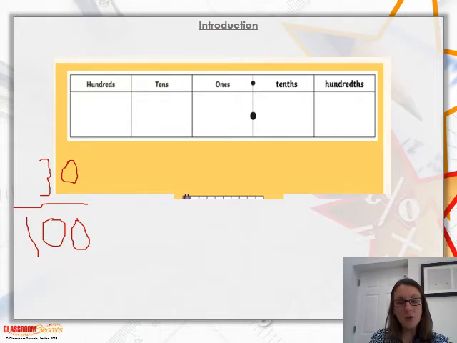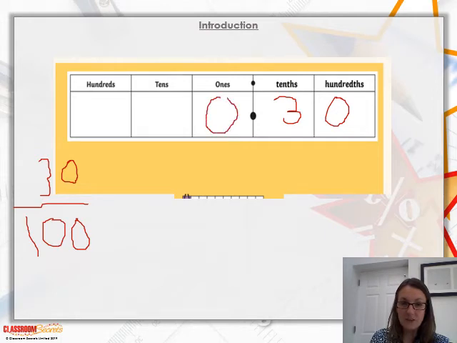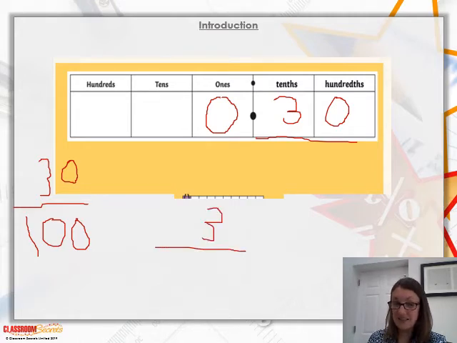Hopefully now you have recognized that 30 hundredths would be written as 0.30. You can put the 0 in here by the ones as a placeholder if you want also. And that is equivalent to 3/10.